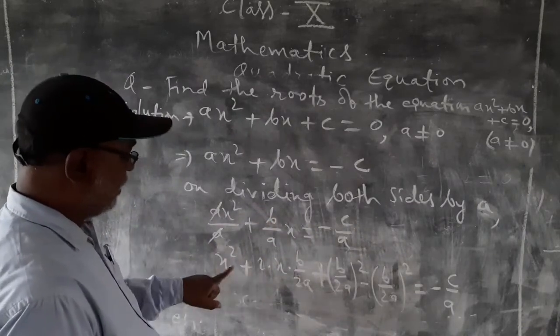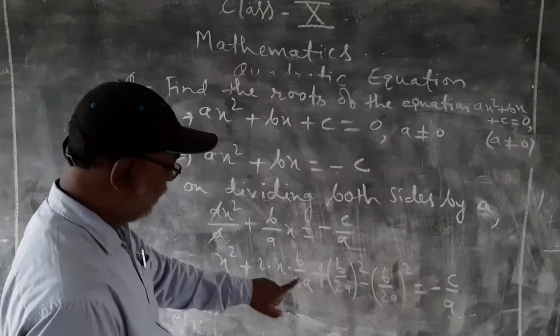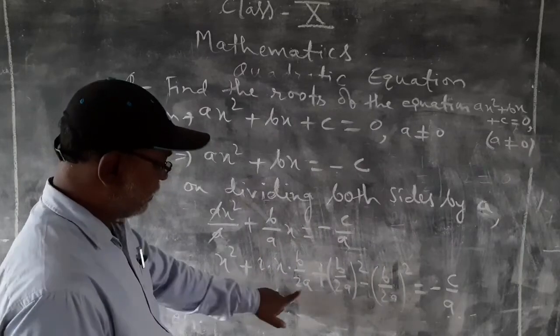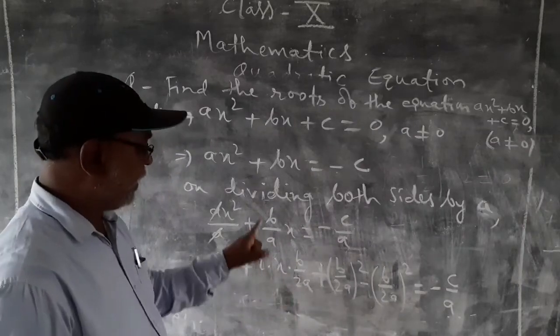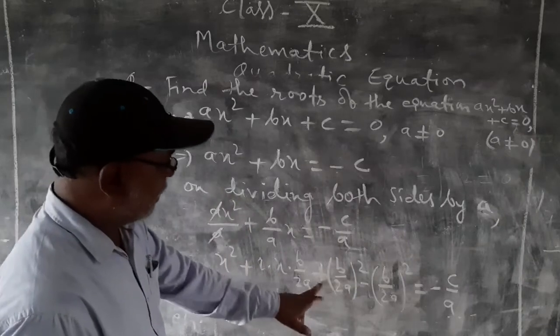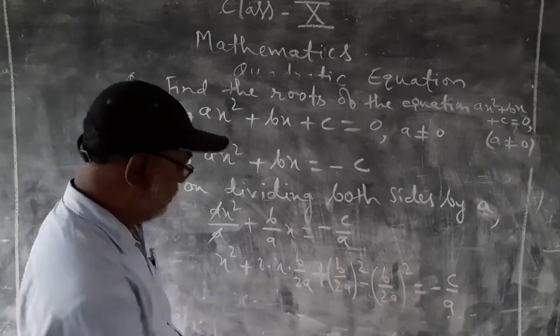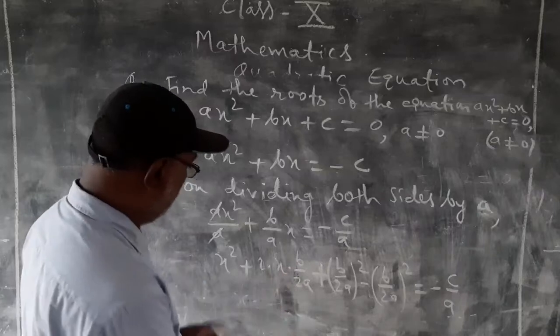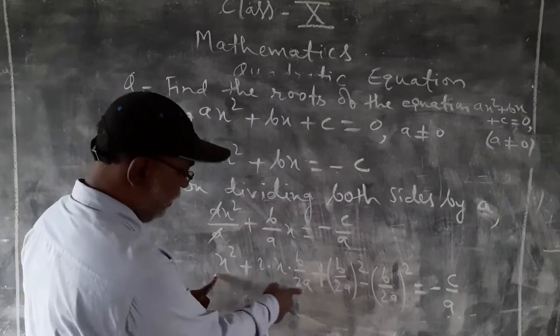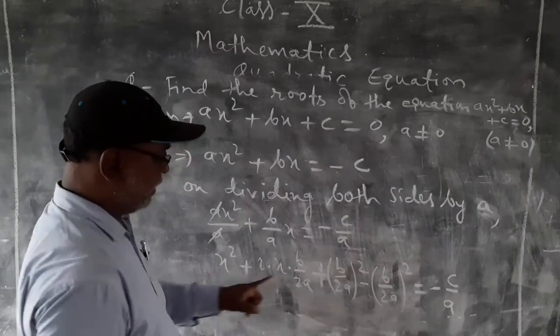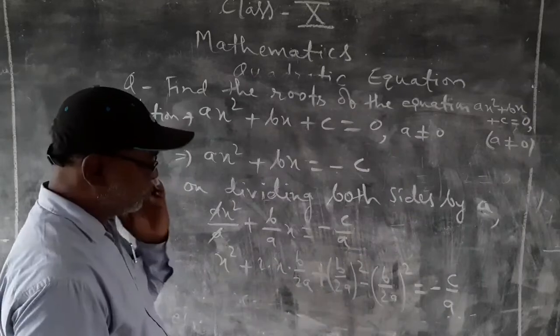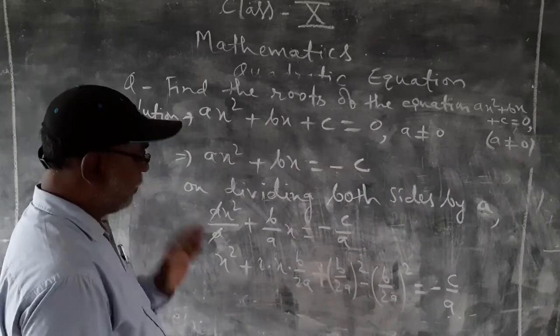Therefore I have x square plus 2 times x into b by 2a. If you cancel 2 and 2, then you have b by a x as before, plus b by 2a whole square. Since a plus b whole square is a square plus 2ab plus b square, you have to add b by 2a whole square to make it a perfect square.